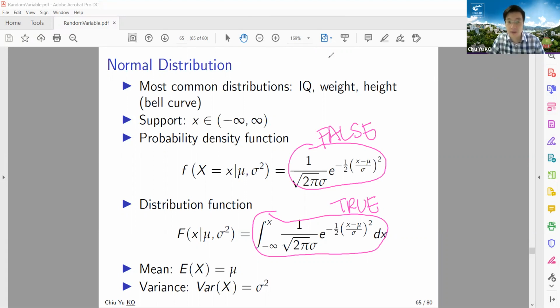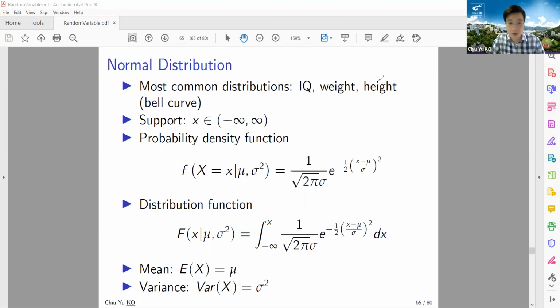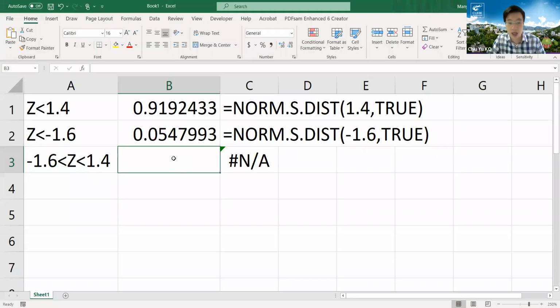Okay. For those of you, you can try to calculate this one. In the meantime, sorry, let me go back to this Excel. So you try B3. In the meantime, I will check whether Google has the answer. I'll give you 1 minute to give me the B3 answer. Okay, so this is your task. In the meantime, I'm trying to see whether the Google spreadsheet has the ability to calculate.